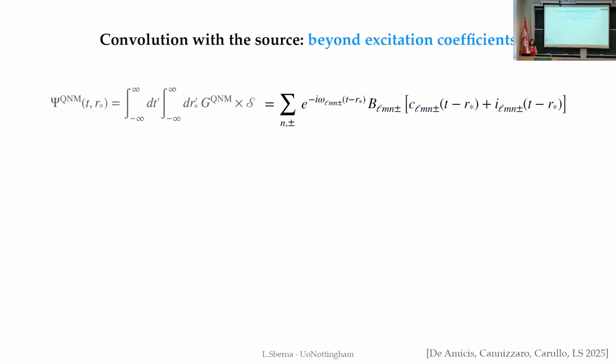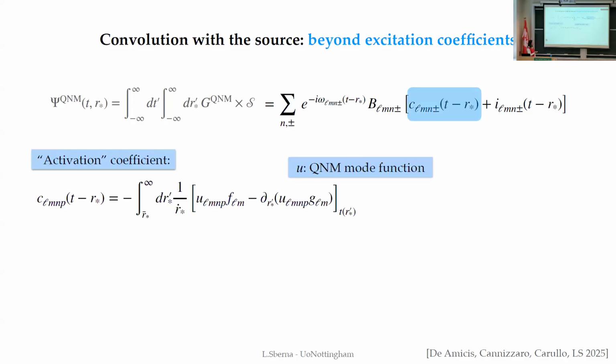Okay, so finally we can put all these pieces together and come up with an extended definition of the excitation coefficients that takes into account this QNM propagation and also the presence of the source. So this is what I've written over there. And I've divided it, according to these two pieces of the source, into two types of excitations.